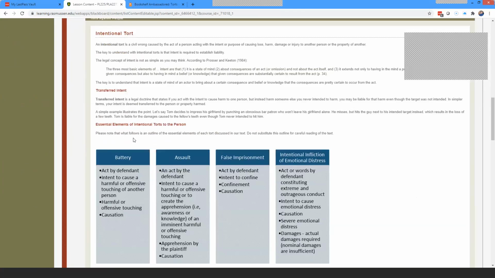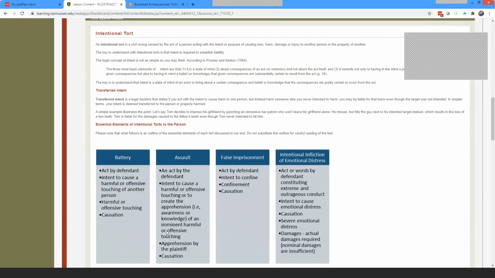Then use these. These are elements right here. Act by defendant, intent to cause harmful or offensive touching. Can't really highlight it, can I? Harmful or offensive touching and causation.